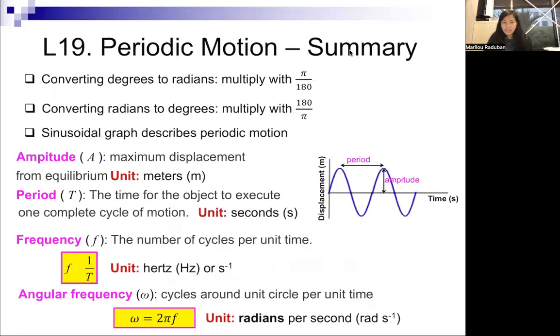We've also looked at an example of how to do that. Once you know two of the parameters, the amplitude and the period, you can find the frequency and angular frequency. And we also learned how to convert angles from radians to degrees and degrees to radians.